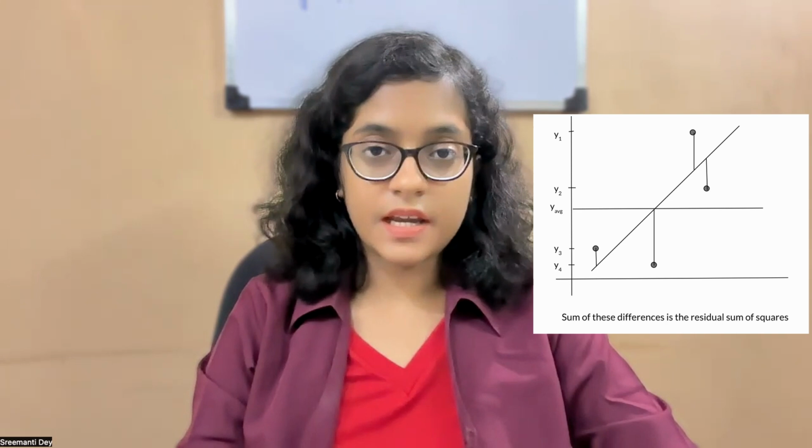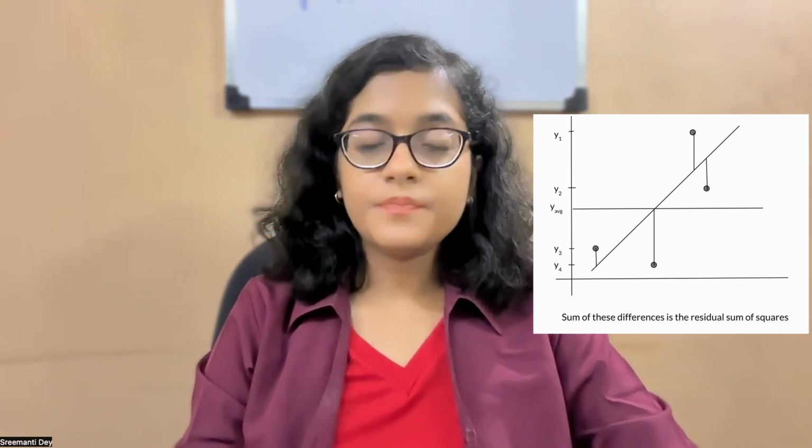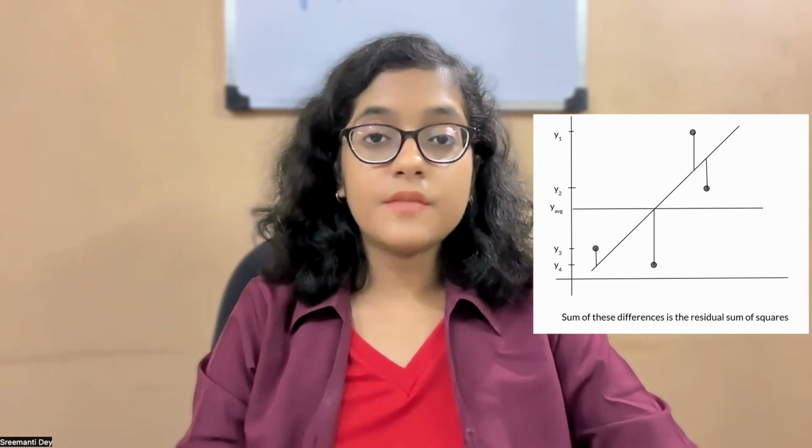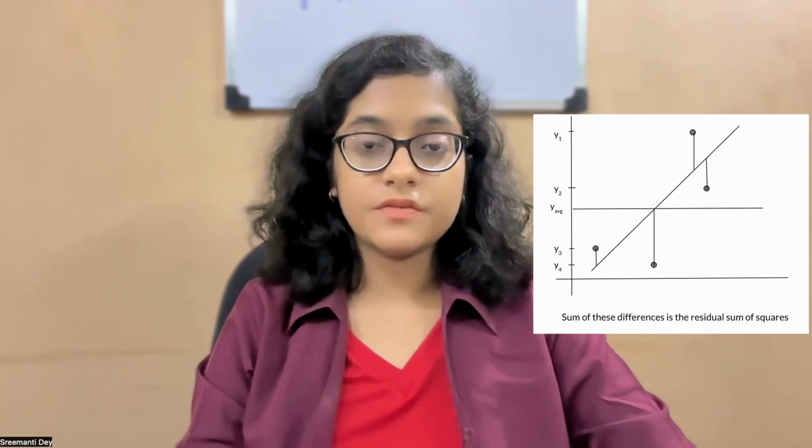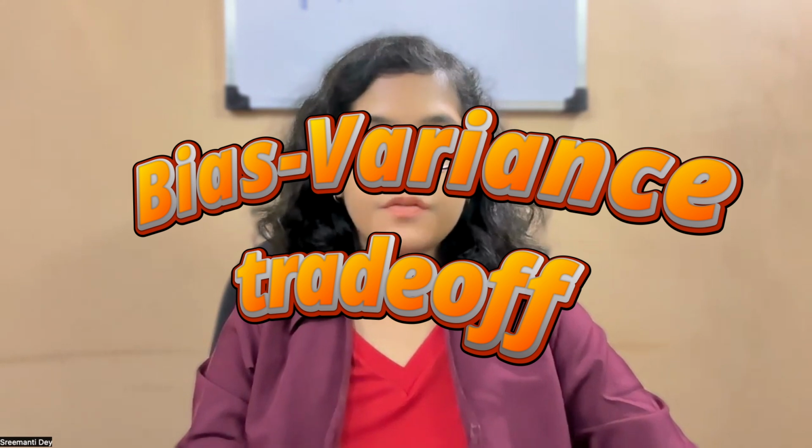Suppose the model is actually a curve, which is a straight line, right? So this is the model and this is the data basically, and we're trying to fit it using a 2D curve. So what would happen in that case is that the model will learn all the noise in the data, and that is why it's also again useless. So that is why what we need here is a bias variance trade-off, which is very important.